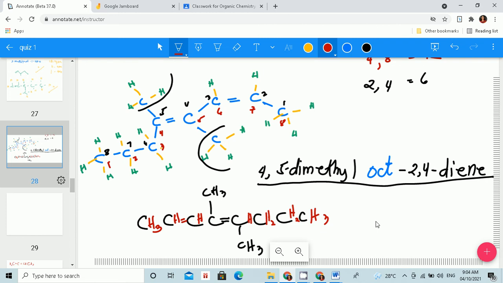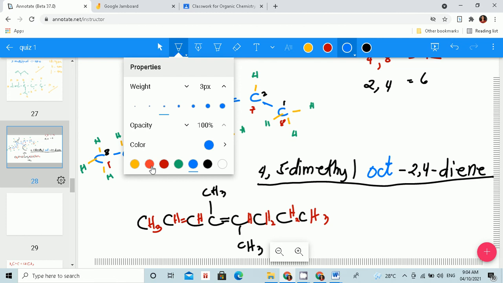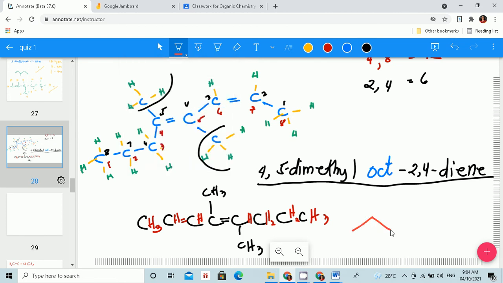Now, if we are going to write it in a line structure, I will use another pen. So we draw 1, 2, 3, 4, 5, 6, 7, 8. And in carbons 4 and 5, we have methyl.